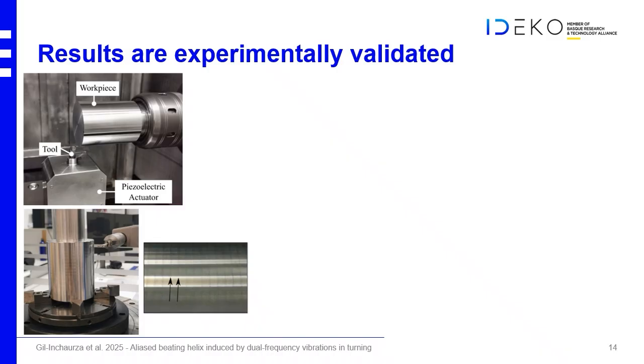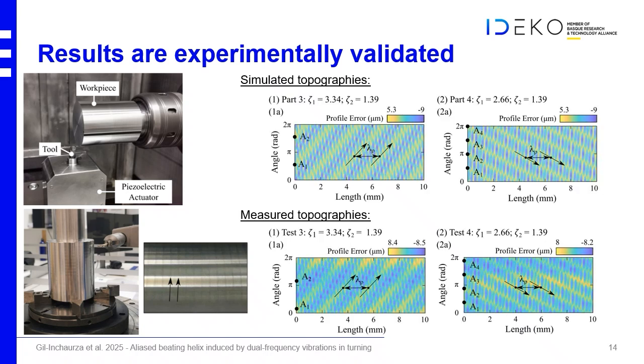Then the metrology is done with contact measurements where we can scan the part to obtain those surface topography maps. You see that we have a very good match between the simulated topographies and the measured topography. In the measurements, we have additional effects coming from the runouts that is giving a form error, but the number of helix and wavelengths are matching perfectly.